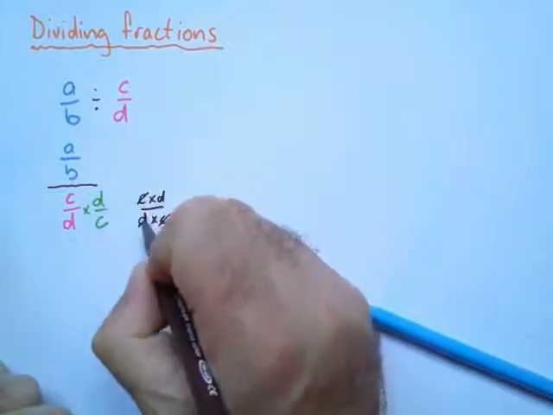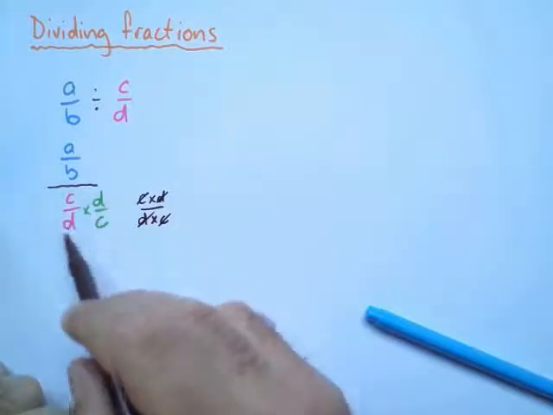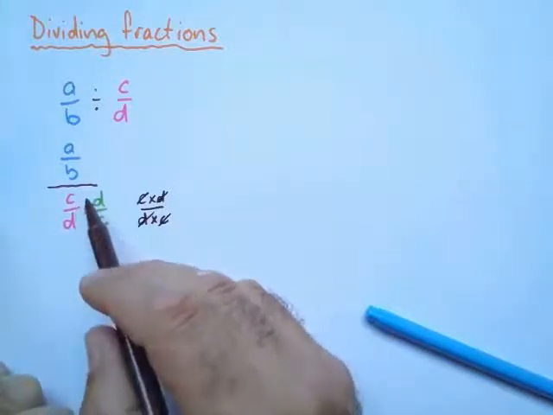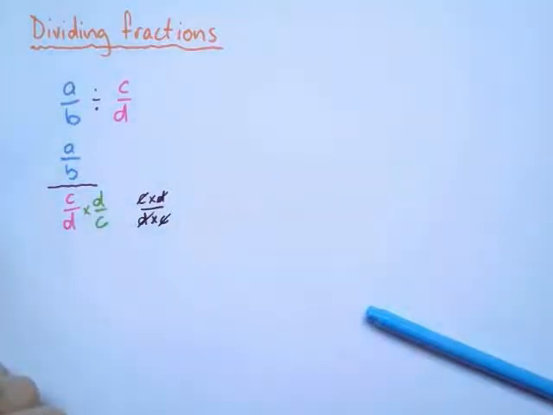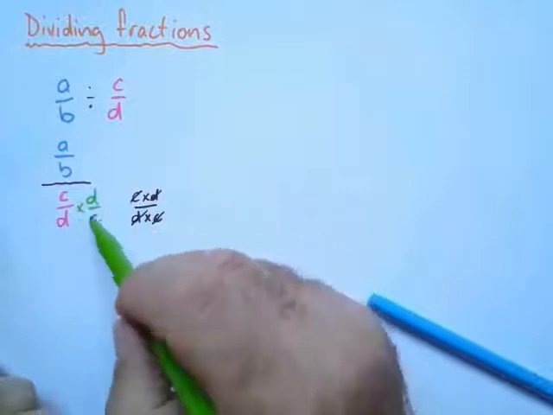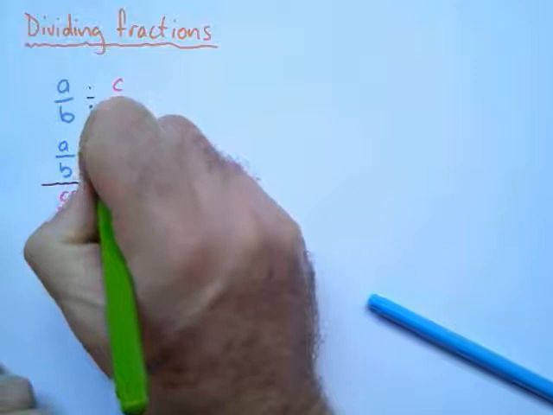That cancels with that, that cancels with that, so I have 1. So this whole thing turns out to be 1, and when I divide by 1, I might as well leave it out. Now, if I multiply the bottom with D over C, I must also multiply the top with D over C.